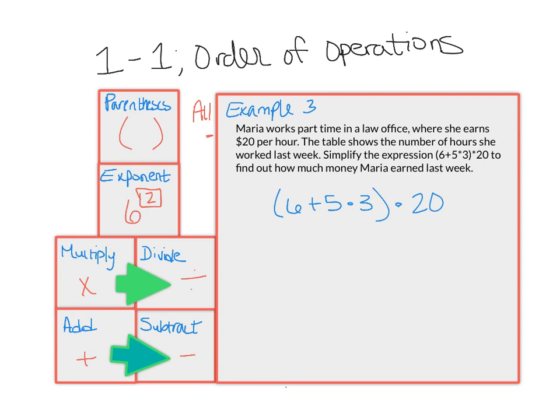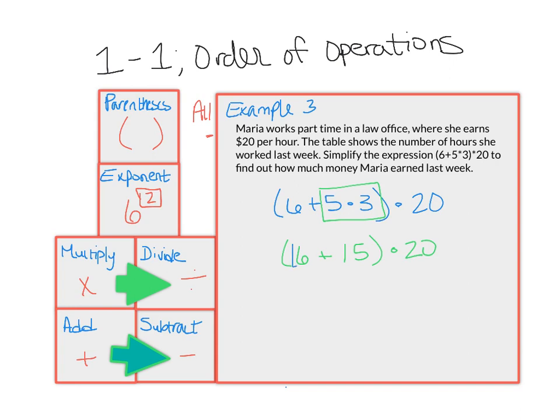The first thing is we need to look in the parentheses. We don't have any exponents, but we have multiply. So we're going to box those up. And we're going to do 5 times 3, which is 15, times 20. Now notice how I didn't take the parentheses off because there are still operations in the parentheses.